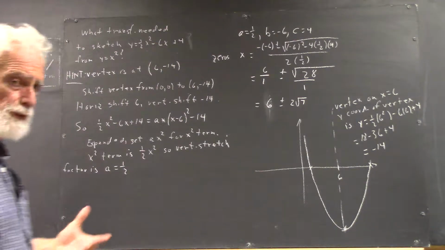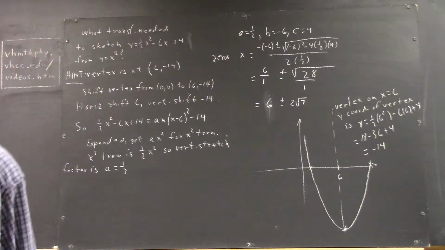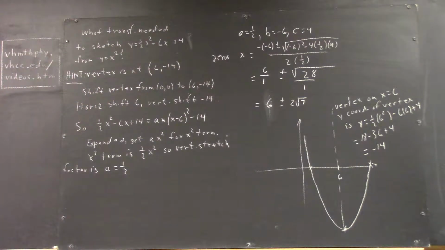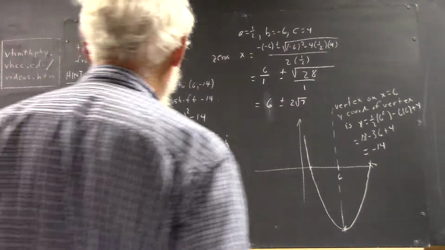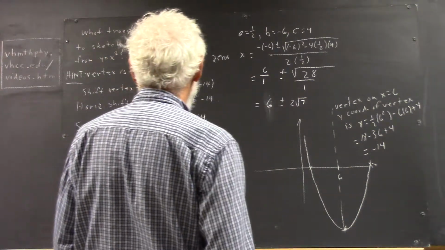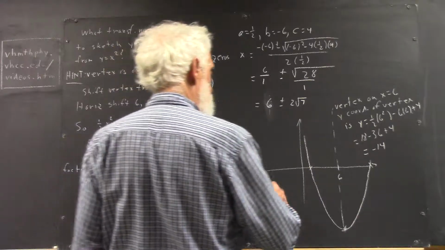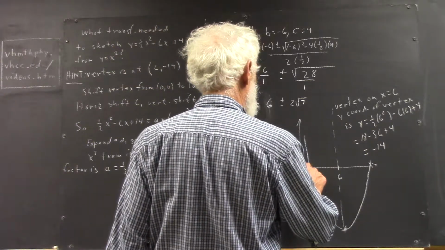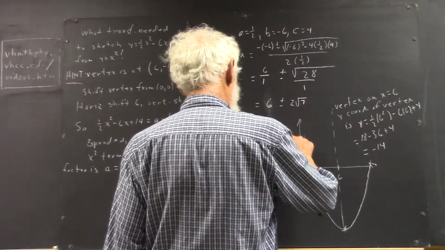Now the question is, how does that graph come about by a sequence of transformations? Well, you start with the x squared graph. So here's your x squared graph.